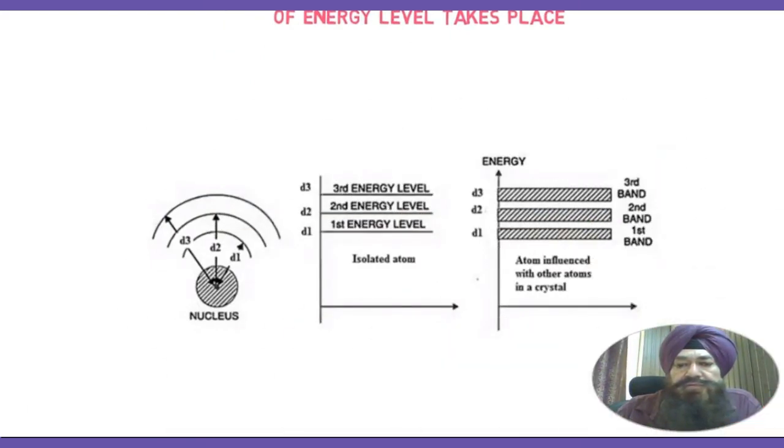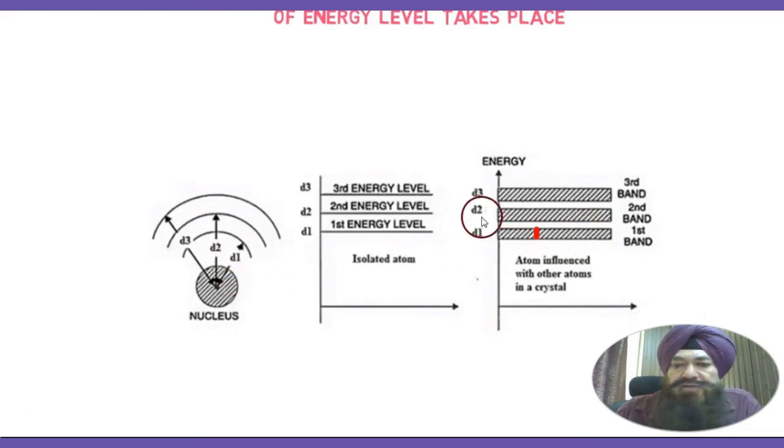Looking here, when atoms are brought close together, then this D1 is broader. There is a broadening from here to here. I mean, this atom may have D1 energy, any energy from these shaded levels.